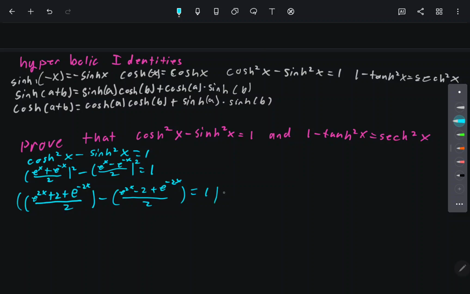Now I'm going to multiply through this expression times by 2. So we get e^(2x) plus 2 plus e^(-2x) minus e^(2x) plus 2 minus e^(-2x) is equal to 2. So we see that there's several cancellations here.